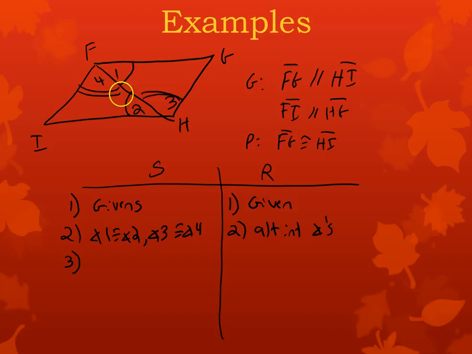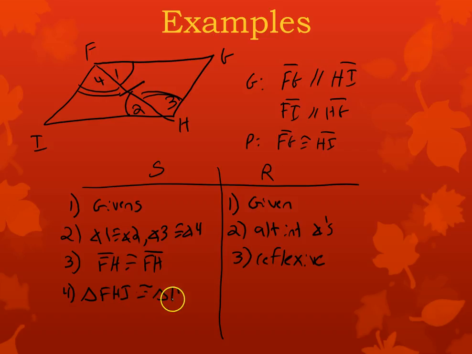Now I need a side, and I notice they both share side FH. So I can say FH is congruent to FH, because that's our reflexive side. Now I have everything I need. I have two angles in each triangle, and the side in between. So we can say triangle FHI is congruent to triangle HFG by angle, side, angle.